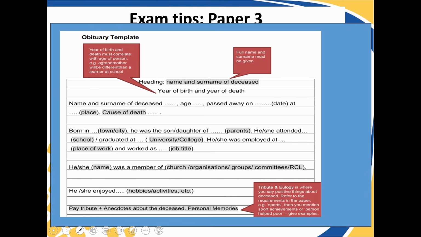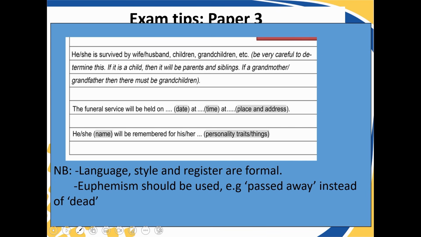Then there is also a tribute and anecdotes at the end. So be familiar with that as you write your obituary. You can even take these sentences to start your obituary. The language and style always has to be formal. And the language that you use, we say most of the time you use euphemism, which is passed away instead of dead.